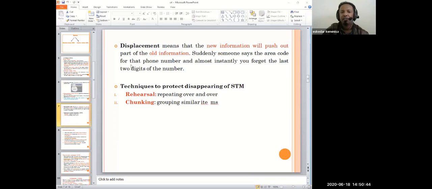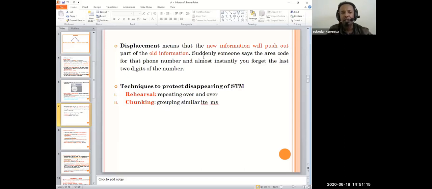The flash disk has a shortage of memory, like the short-term memory. What will happen is that it will erase the old information. For instance, if I tell you 10 names of students or 10 phone numbers, you start to forget. When I tell you the 10th one, you start to forget the first 2 or 3 phone numbers because your short-term memory capacity is small.